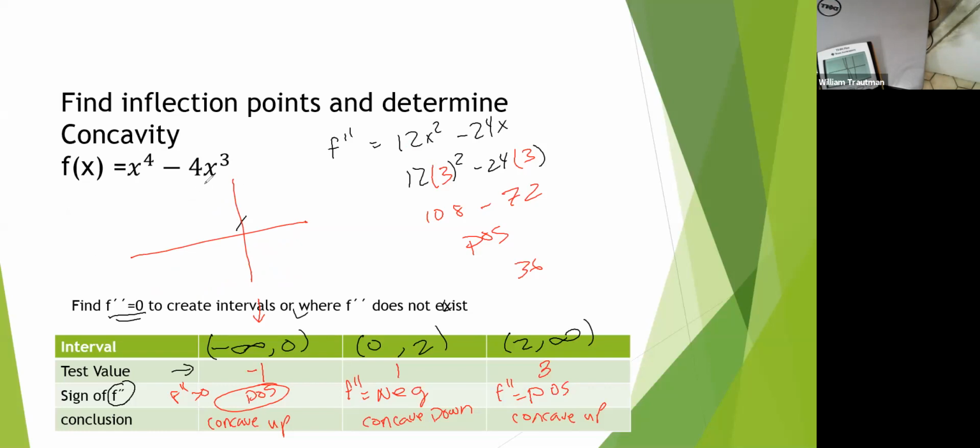Our graph starts looking like this. It looks like it's going to continue on. It's concave up. It's a curve, and the curve is pointing that way, so it's concave up.